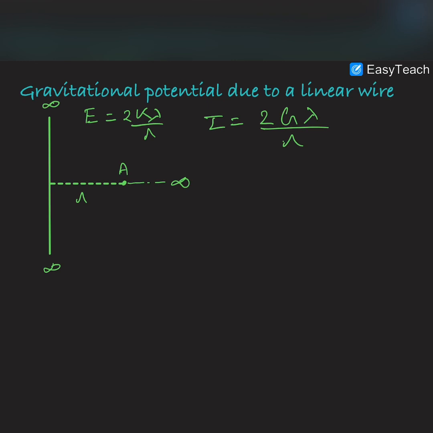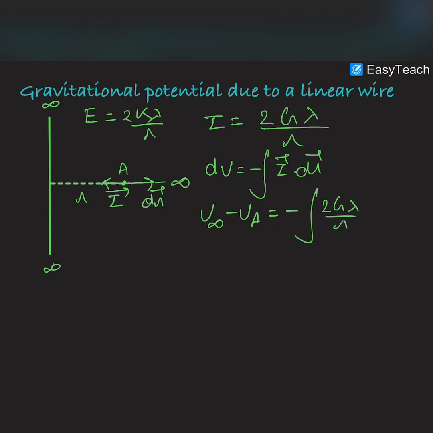Now we know that the direction of I would be towards the wire because it is always attractive, and when we are moving away from point A, the angle between dr and I is 180 degrees. So dV is equal to minus integration I dot dr, and V infinity minus VA is minus of I, which is 2G lambda by r, times dr, and the angle between I and dr is 180, therefore there would be a plus sign.